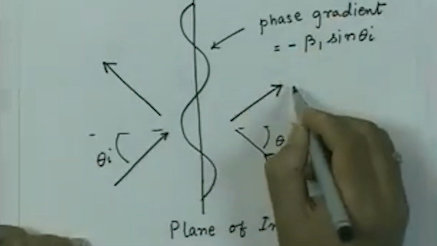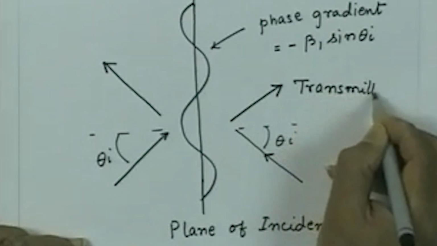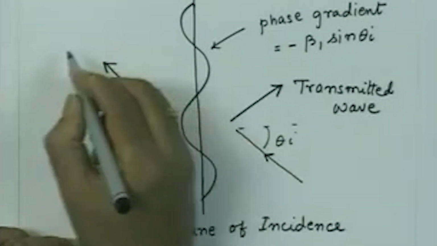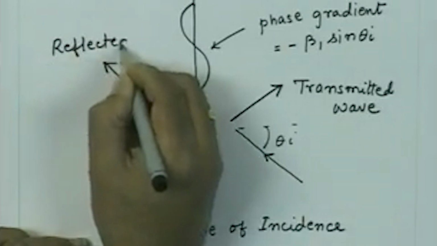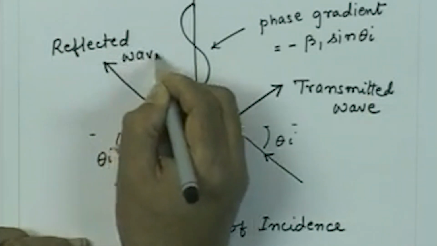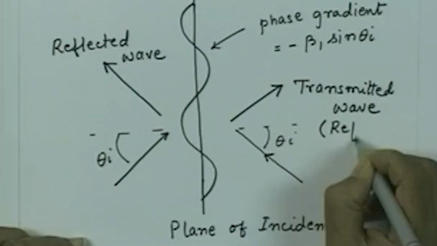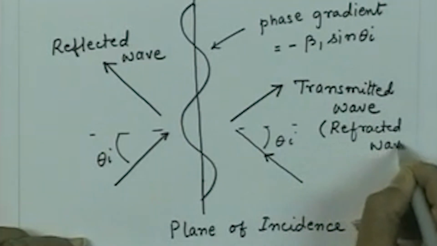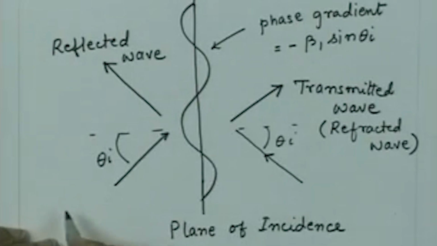So, we call this wave the transmitted wave, and we call this the reflected wave. The transmitted wave is also referred to as a refracted wave, and this wave which brought the energy towards the dielectric interface is the incident wave.